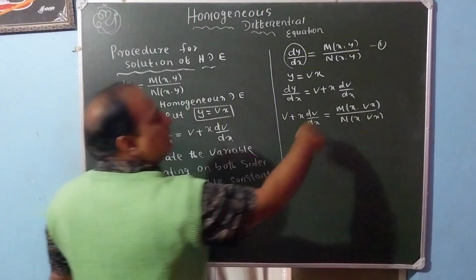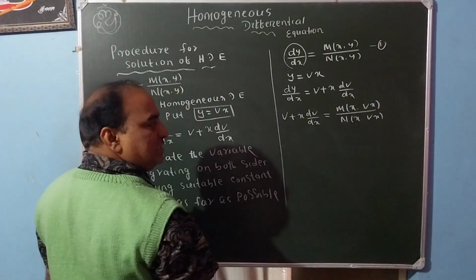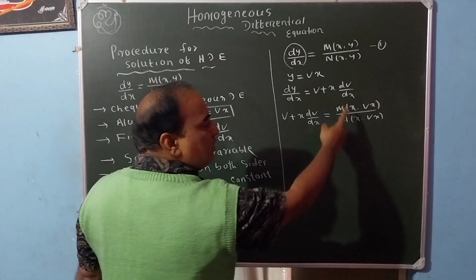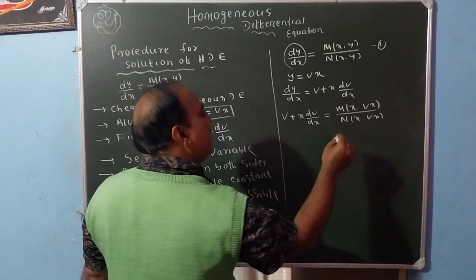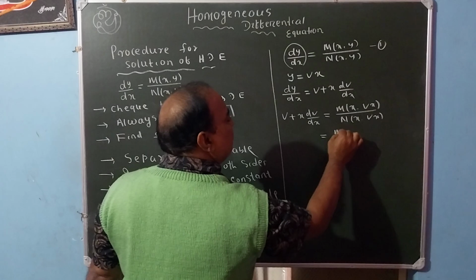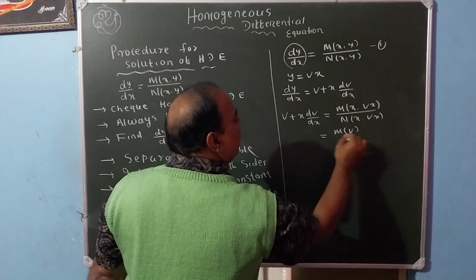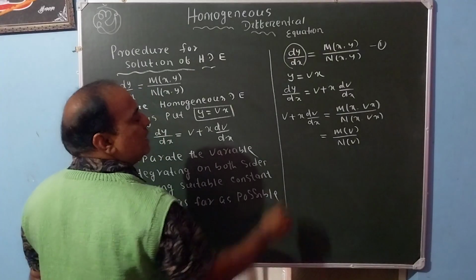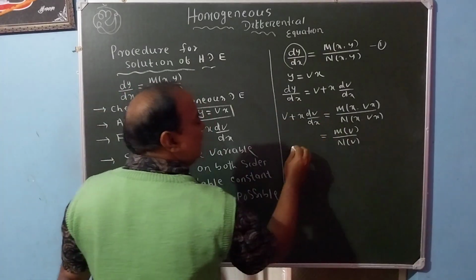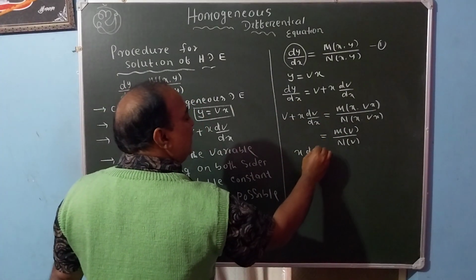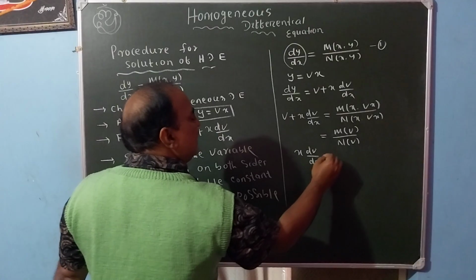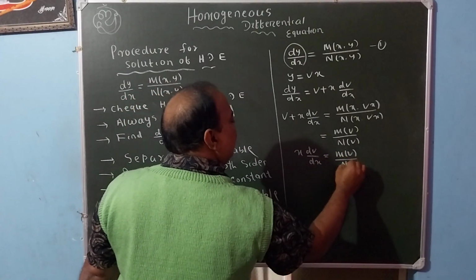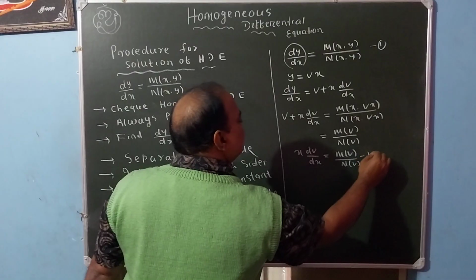So as it is a homogeneous differential equation, x on numerator as well as on denominator will be cancelled. So that is a function of v divided by function of v. This v will go to that side. x dv/dx is equal to M(v)/N(v) minus v.